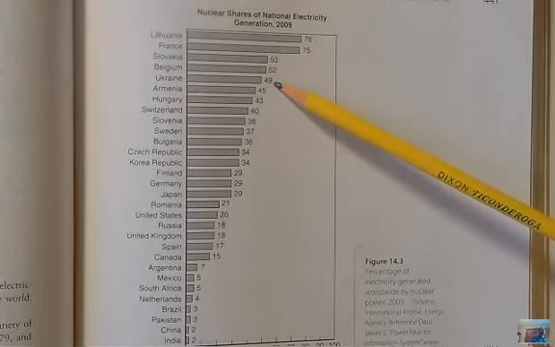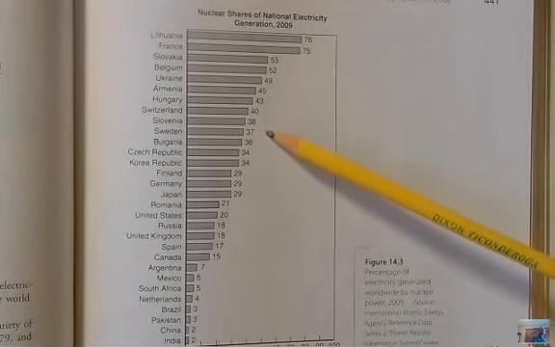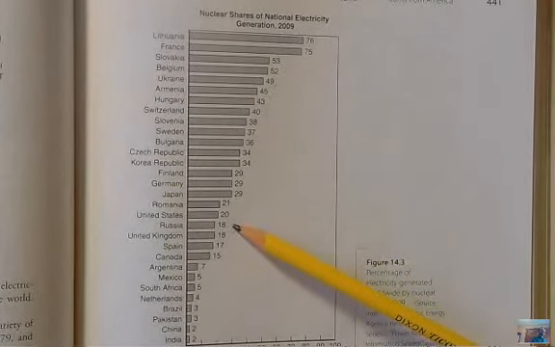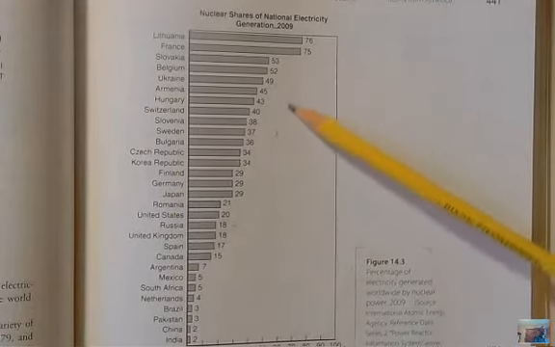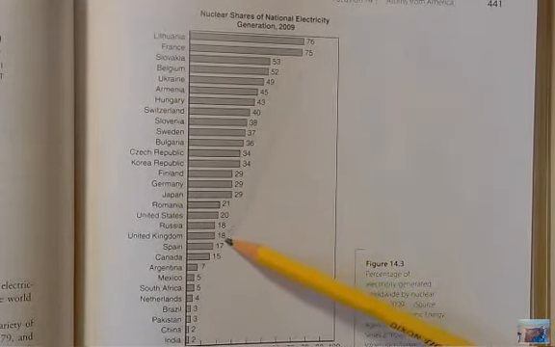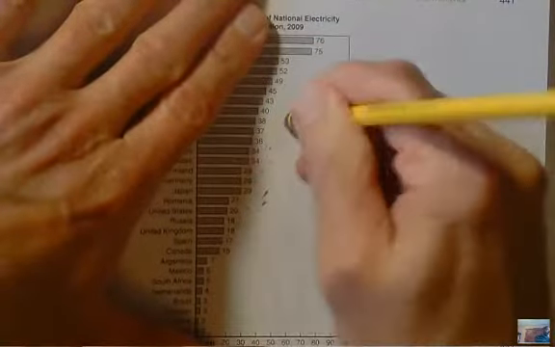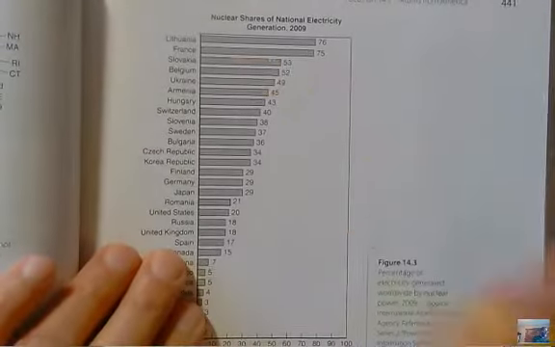Ukraine, 49%. Armenia, 45%. It's very interesting that Russia is only 18%. So they went heavily nuclear in the other satellite states when they were the USSR, not so much in their own country, which is really kind of interesting, right? Because they didn't want to put it near Moscow or something like that, but they were willing to put it near Kiev, which is kind of terrible, okay?